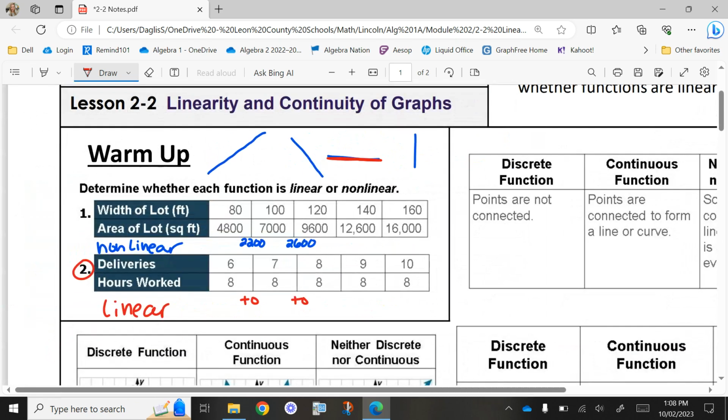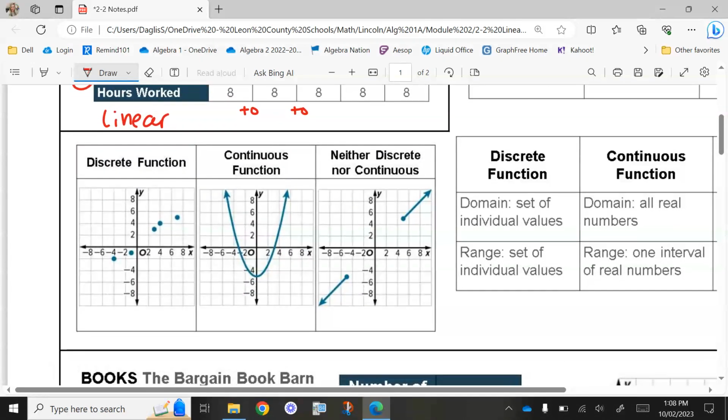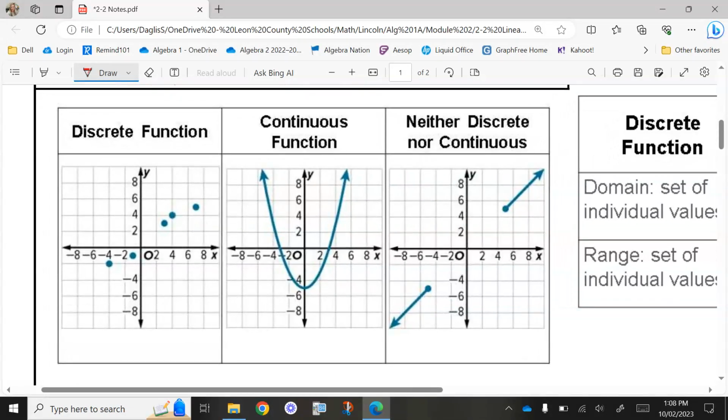So the first either-or question is going to be, is it discrete or is it going to be continuous? I want you to look at the pictures first, because I'm a very visual person. I feel like y'all are too. So look at my discrete graph. What do you see on my discrete graph? It's not a line. They're just dots.